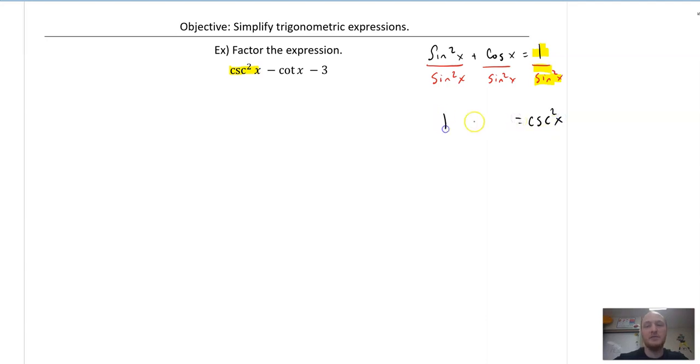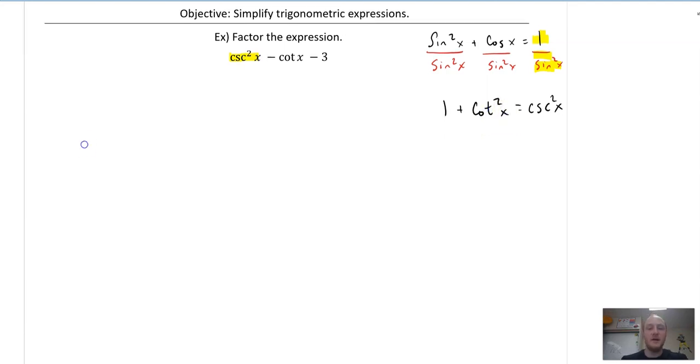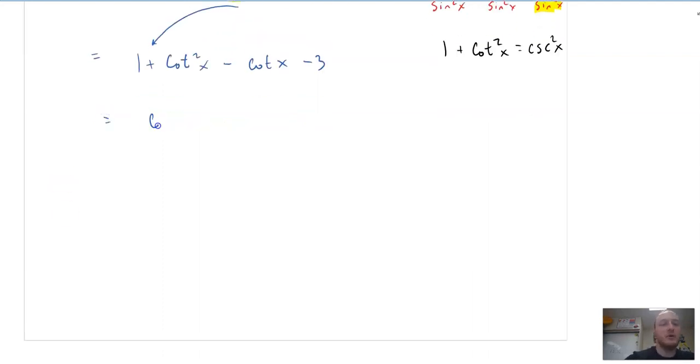So we'll go ahead and simplify. This is 1 plus cotangent squared of x. What I hope you see happened, and that's really sweet, is that if I just substitute, now this is 1 plus cotan squared x minus cotan x minus 3. After I clean this up, what you should see now is that my two trig functions match, minus 2.